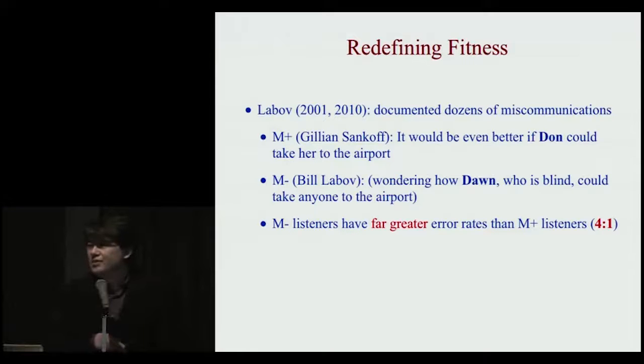Okay, so this is actually a genuine case of misunderstanding. If you look at the rates of errors that Bill collected over the years, they found that actually it's people who have a distinct system that are more easily confused than people with a merger system by the ratio of 4:1. We have something to say about that later on.